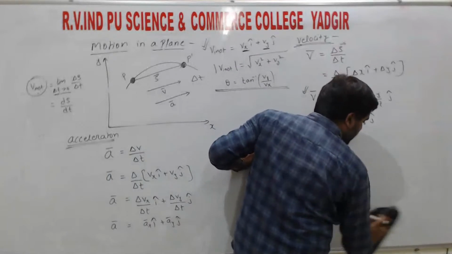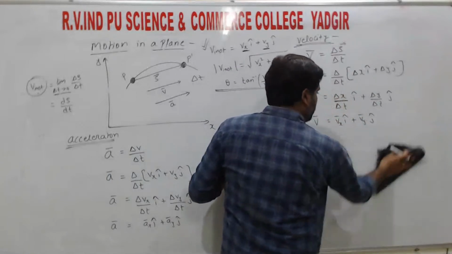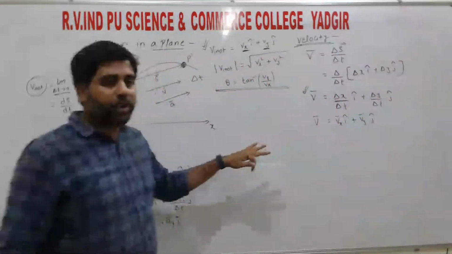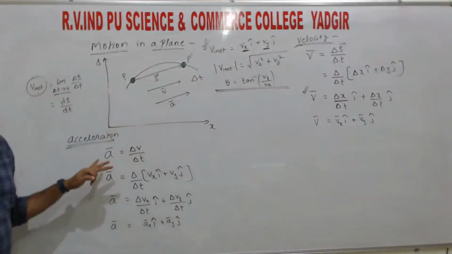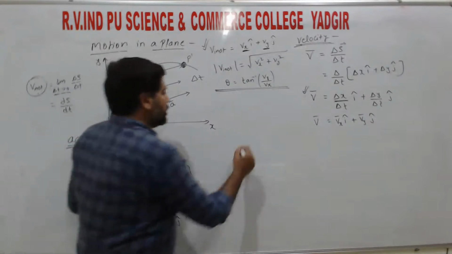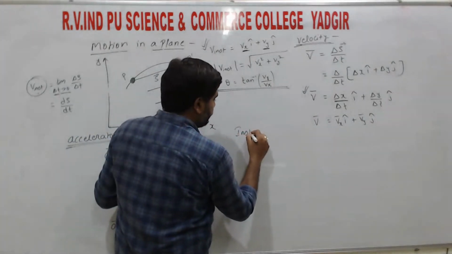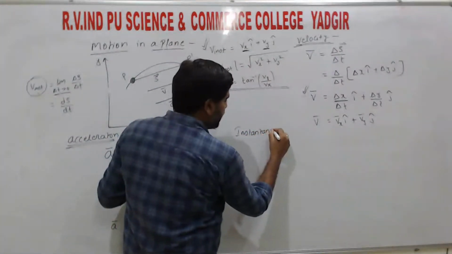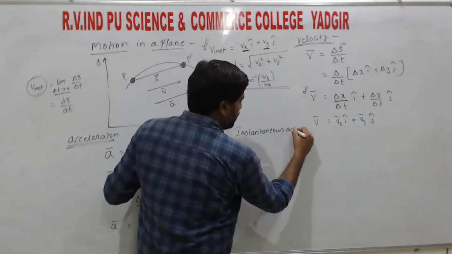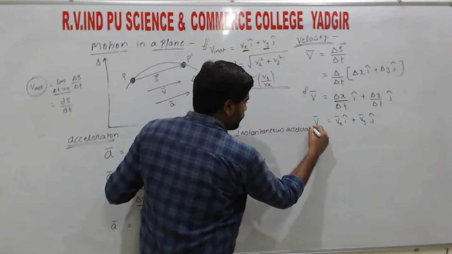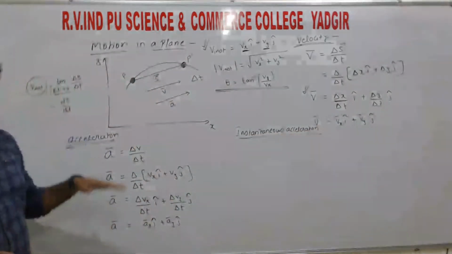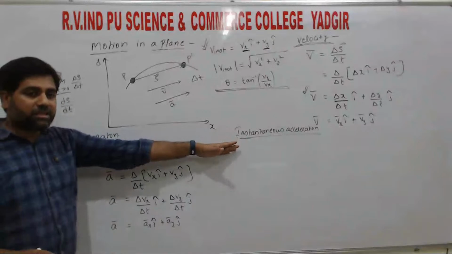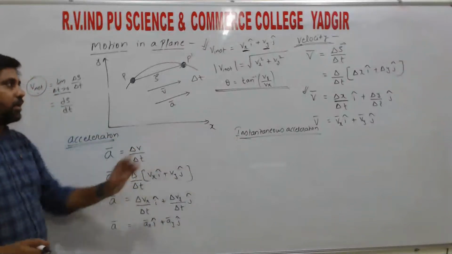So now in the problems, mostly the given velocity means instantaneous velocity and instantaneous acceleration, right? Next is instantaneous acceleration. So for instantaneous acceleration we are finding the change in instantaneous velocity to the time taken, right?